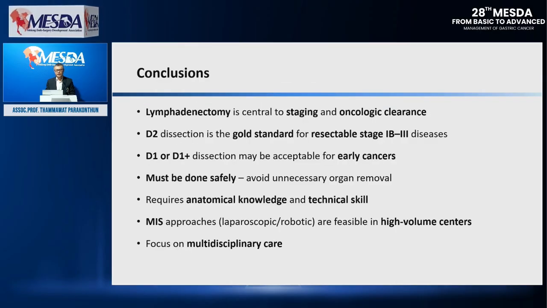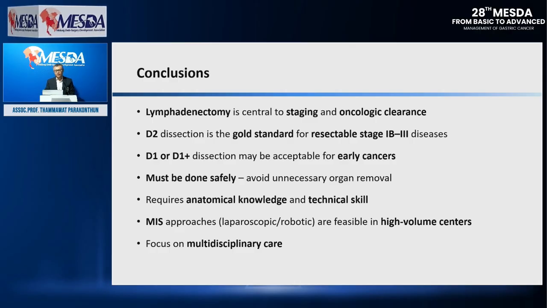So my conclusion is lymphadenectomy is very important for staging and oncological clearance. D2 nowadays is the gold standard for resectable stage 1B to stage 3. And modified lymphadenectomy, D1 or D1 plus, can be acceptable for early stage or very high medical comorbidities.